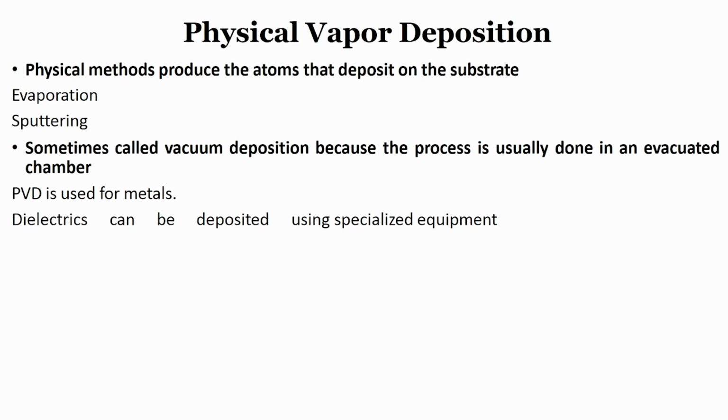That means we have to physically dislodge the atoms, or vaporize the material, so that we can deposit the material of our interest onto the substrate. The substrate can be silicon, glass, plastic, or any other material on which we want to fabricate our device.